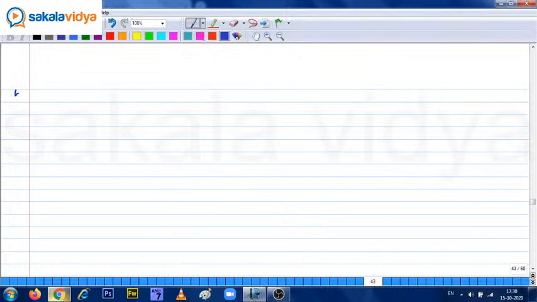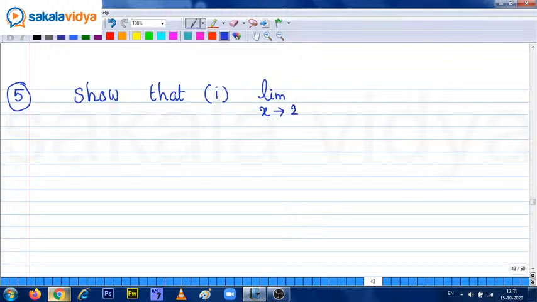Now the fifth problem. Show that limit x tends to 2 minus of mod of (x minus 2) upon (x minus 2) equal to minus 1.